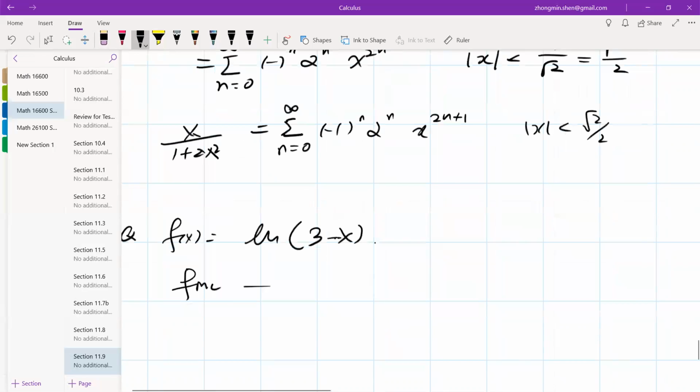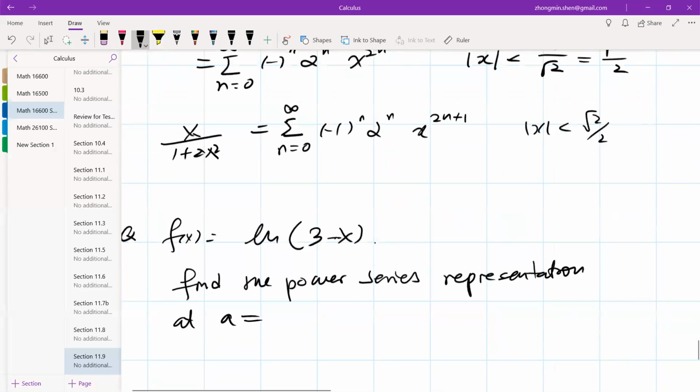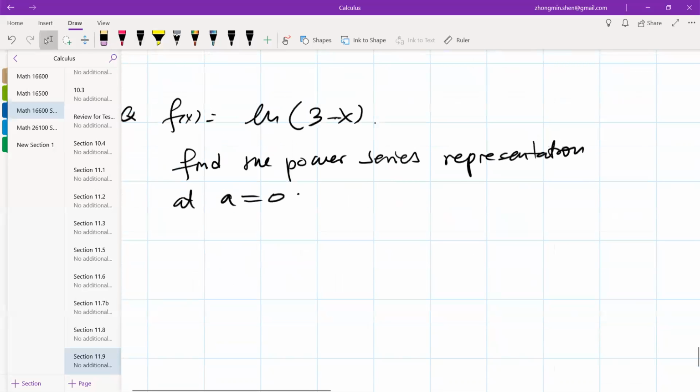Find a power series representation at the origin, at a equals 0. So how do you do that?